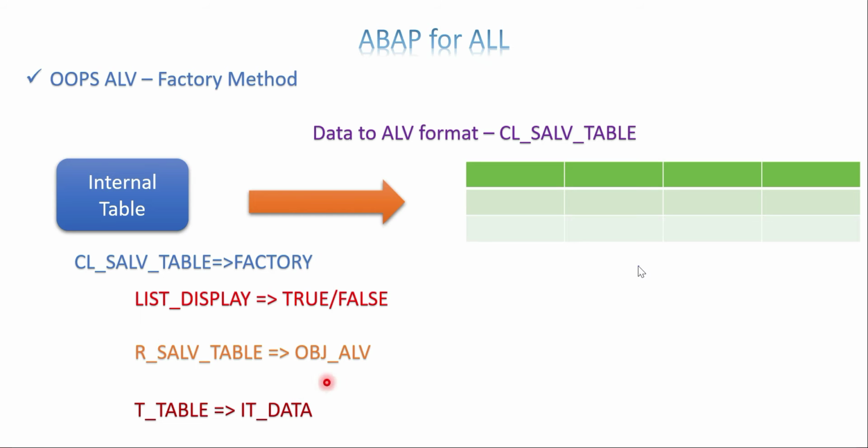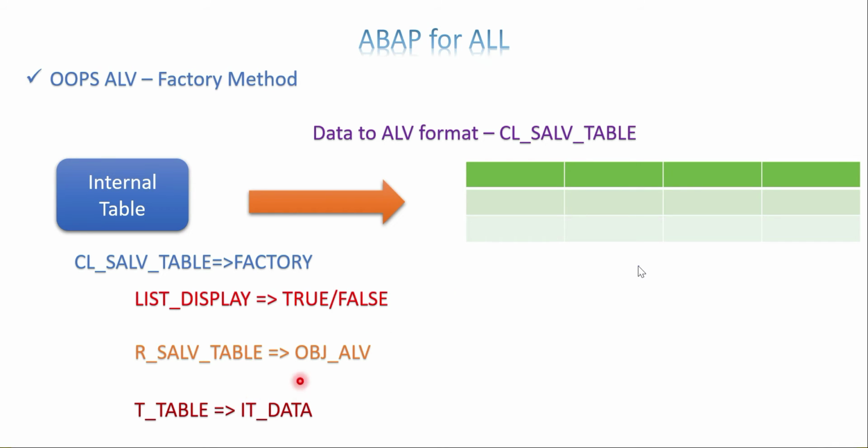There are some parameters. This one is optional: list display or grid display, like in non-object-oriented ALV where you have two function modules, grid or list. If you keep this empty, by default you'll get a grid. Otherwise you'll get a list.